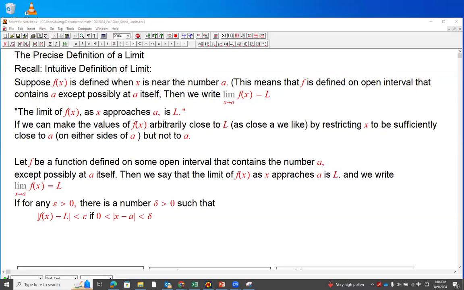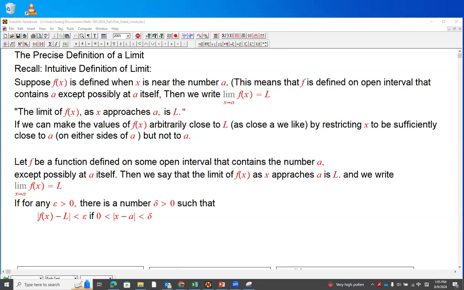So in this lesson, we're going to talk about the precise definition of limit. First of all, let's recall the intuitive definition of limit. In the intuitive definition of limit, we say that suppose f is defined when x is near a.